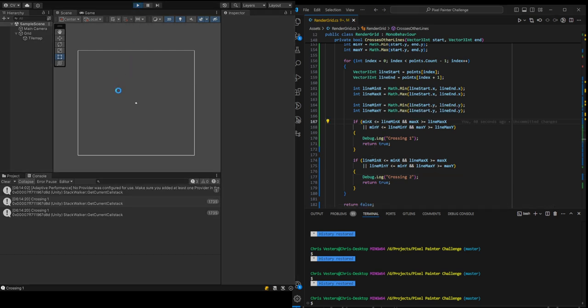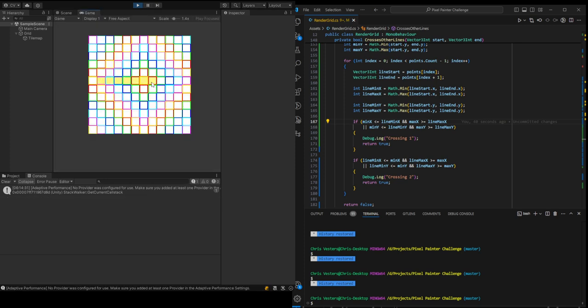Let's see again. I draw from here to here. Yeah, okay, it's smaller than or equal, and my max is... that's because technically it also does cross. It crosses on the start point. So I probably have to eliminate my start points.